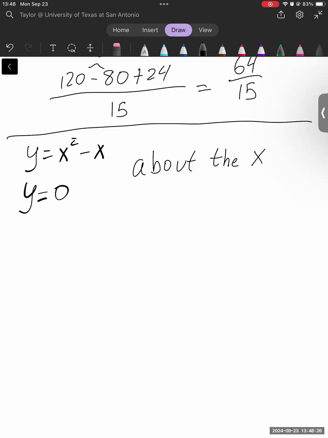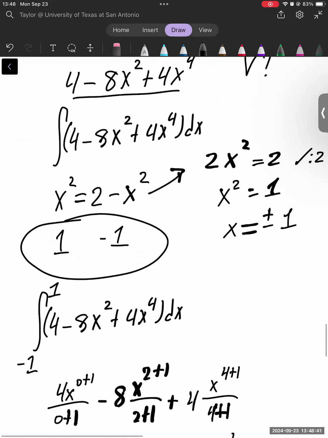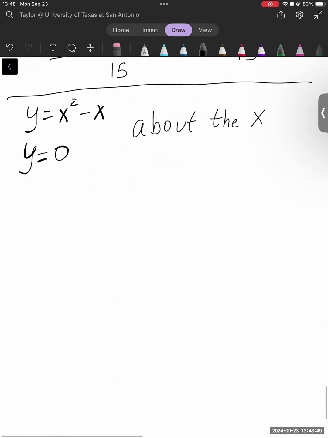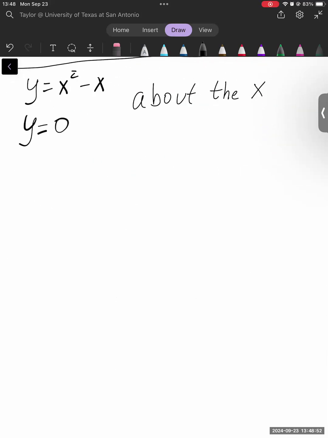How do we know what method is easier whenever we do shell and washer? Because shell is about the y-axis, right? In this case either method is valid.